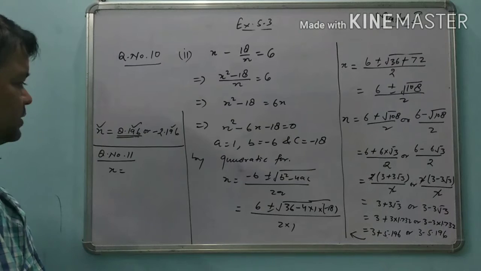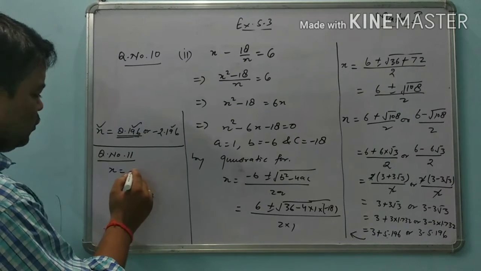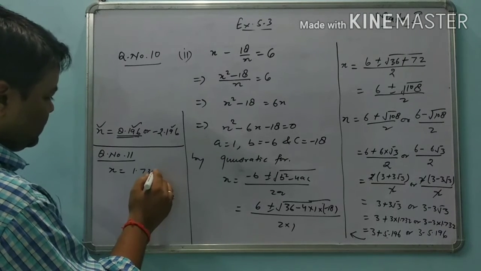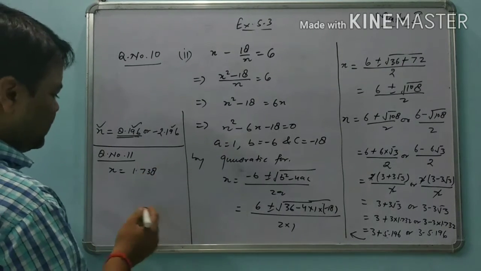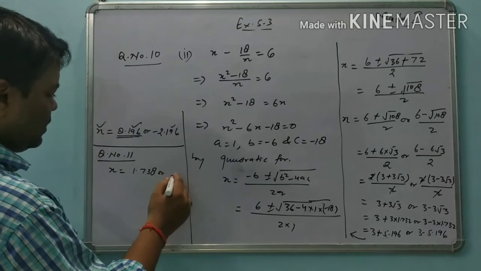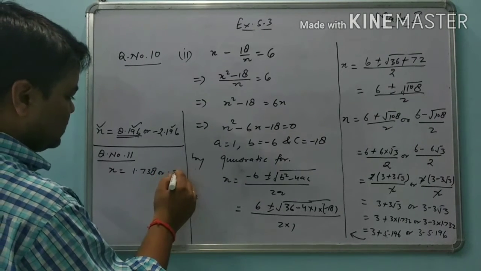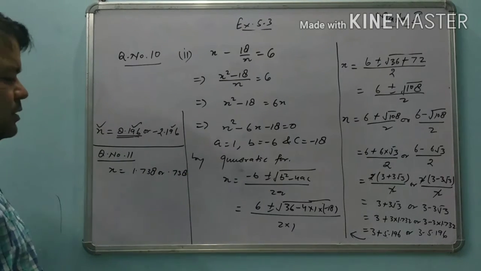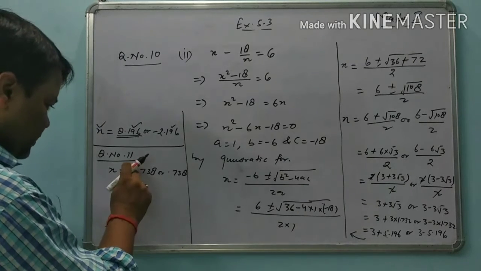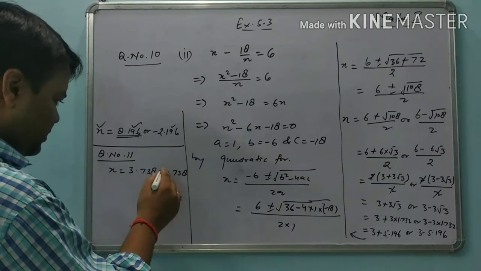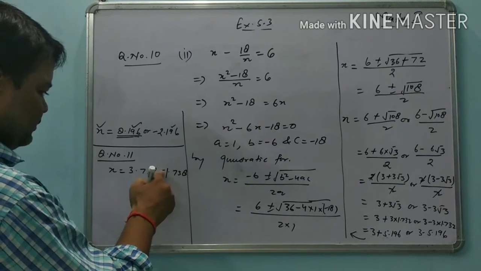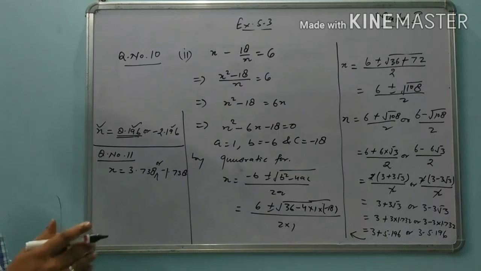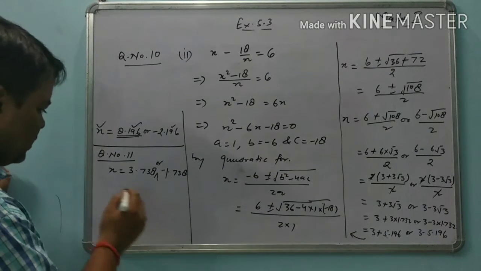Now, let us take the value of x is equal to 3.738 and the other value is minus 1.738. Then how do we take up to three significant figures?